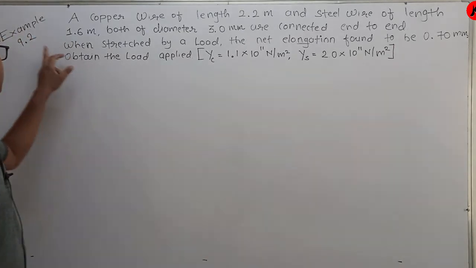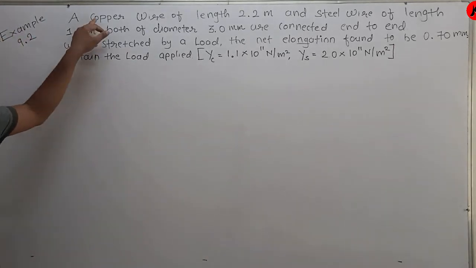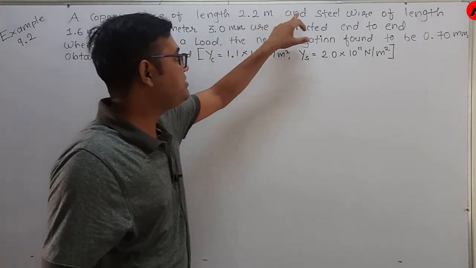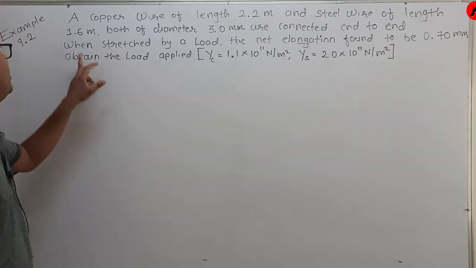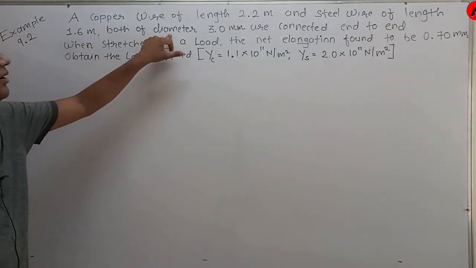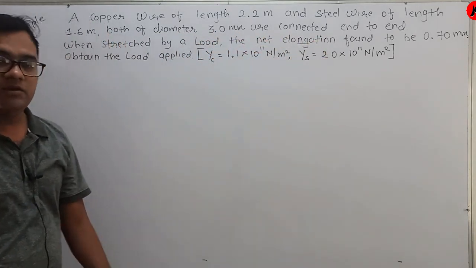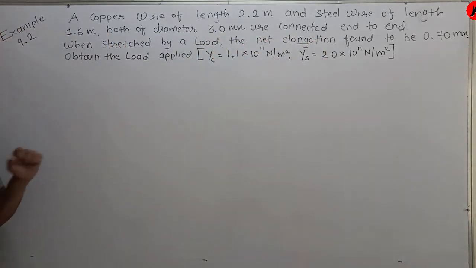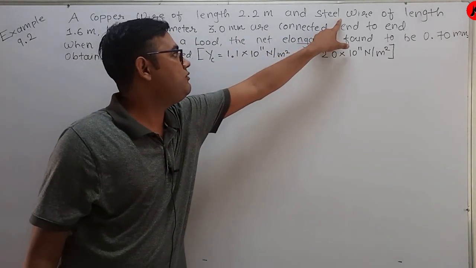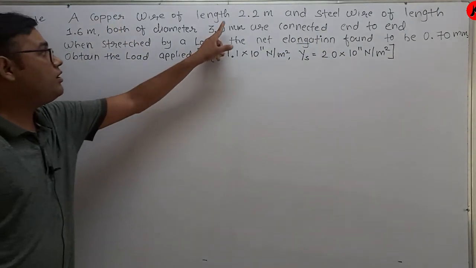Next example is example 9.2. What we have? A copper wire of length 2.2 meter and a steel wire of length 1.6 meter, both of diameter 3 mm, are connected end to end. So here we have two different wires, a steel wire as well as a copper wire, and both have different lengths.